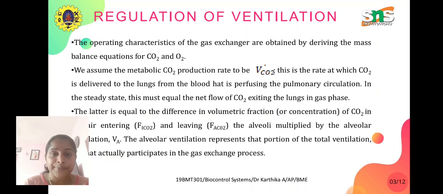The operating characteristics of the gas exchanger are obtained by deriving mass balance equations for CO2 and O2. We assume the metabolic CO2 production rate to be VCO2. This is the rate at which CO2 is delivered to the lungs from the blood through the pulmonary circulation.